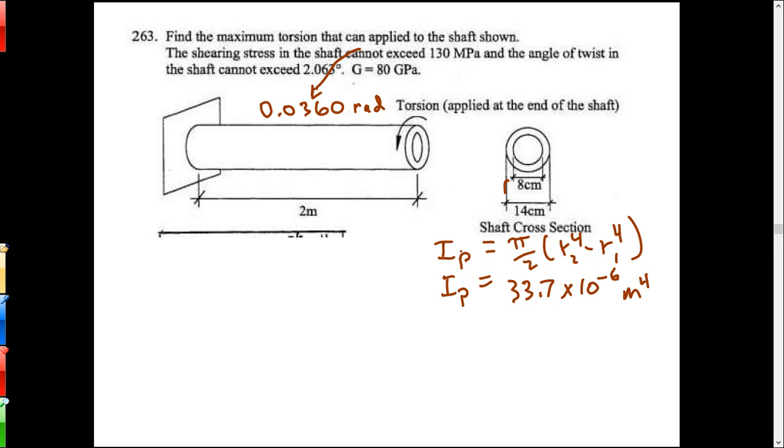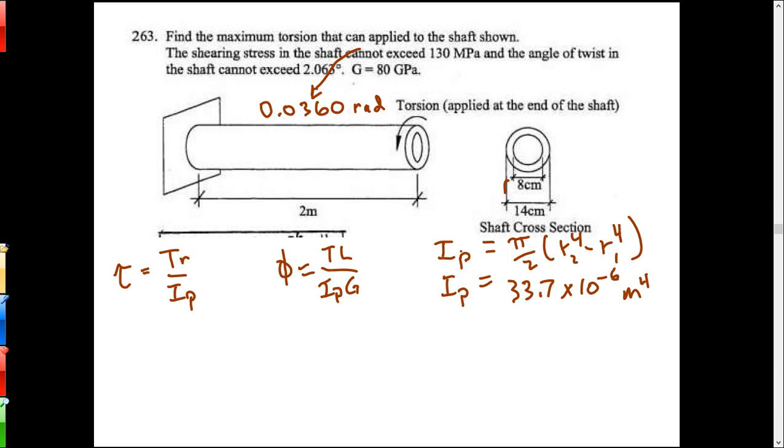And then you've just got the two basic formulas that you use for this stuff: the shear stress is TR over I, and then the angular deformation, which I call the twist angle sometimes, is TL over IG, okay? Those are the two things that you are going to work with.